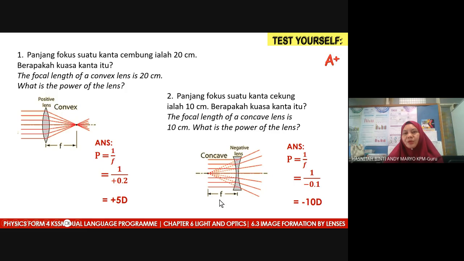The focal length is called the virtual focal length, so it is considered negative. So negative 0.1, and the power for a concave lens is also negative: negative 10 diopter. So positive for convex, negative for concave.